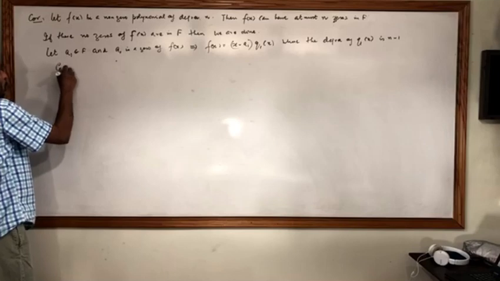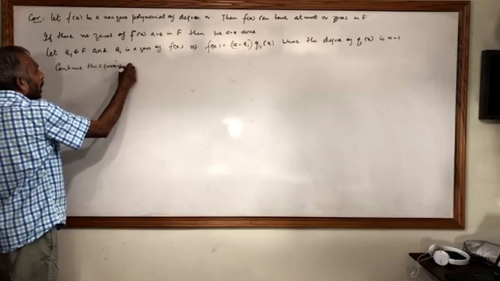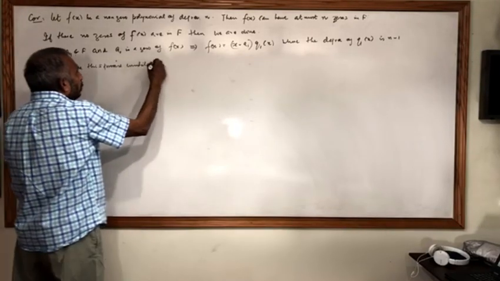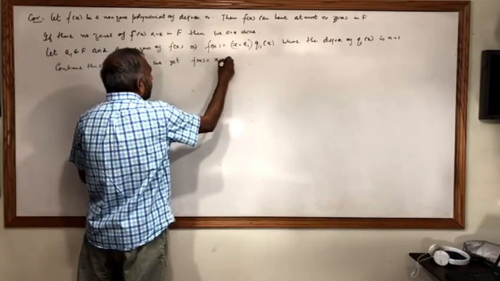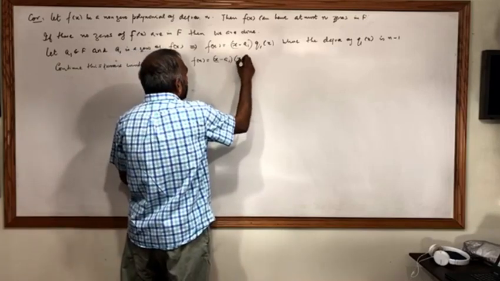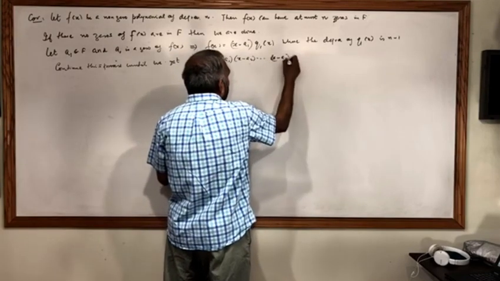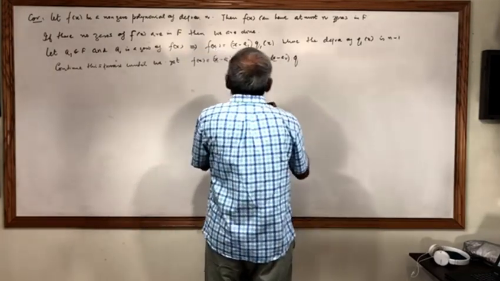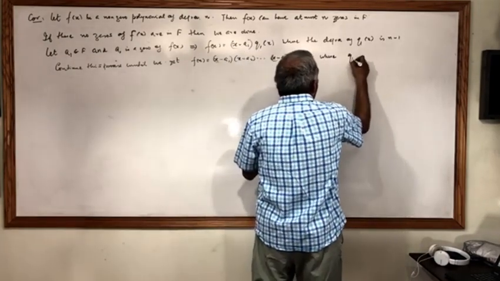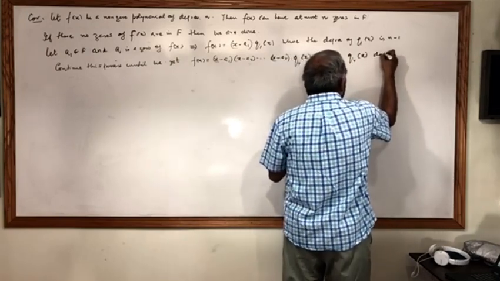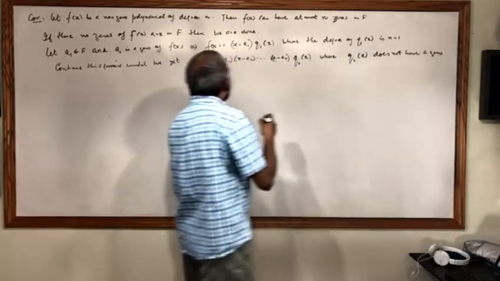So continue this process until we get f(x) equal to (x minus a1)(x minus a2) ... (x minus ar) qr(x), where qr(x) does not have a zero in F.